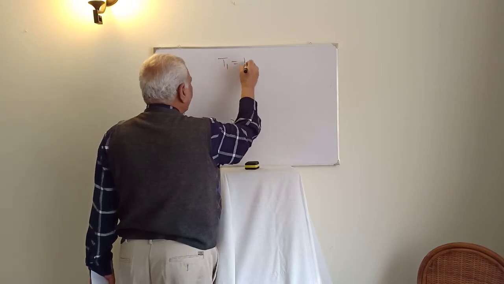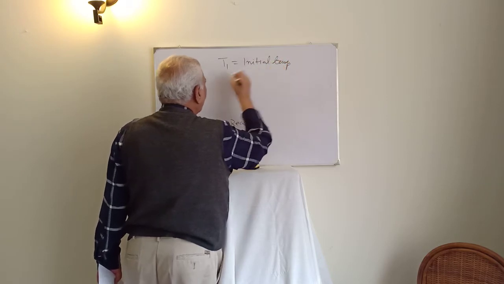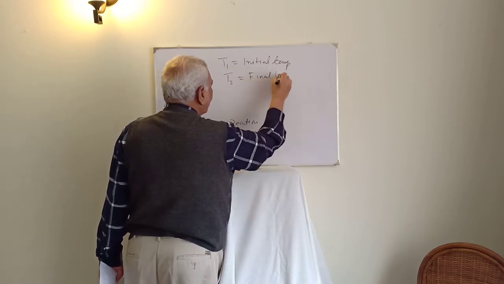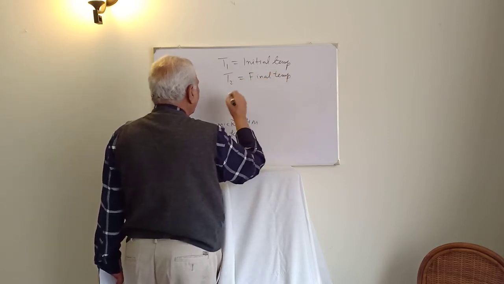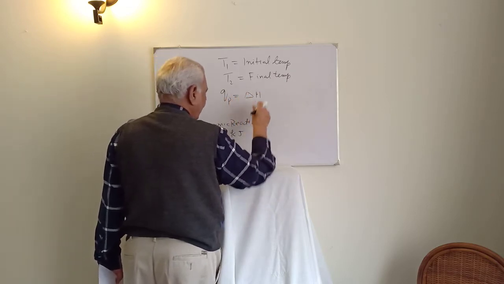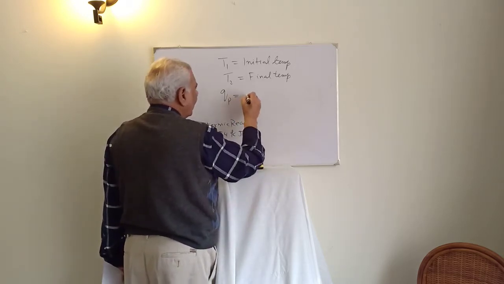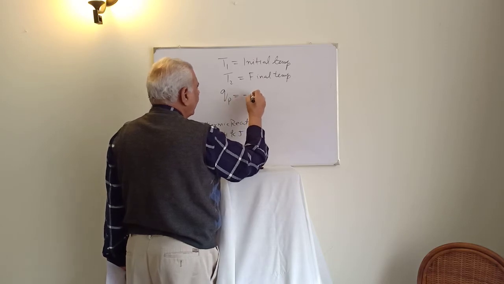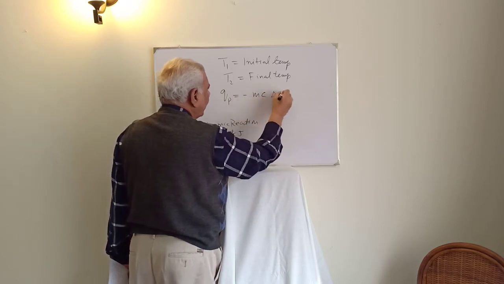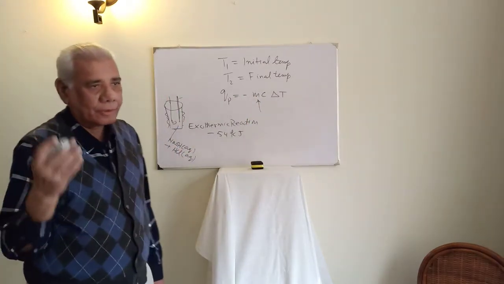So if T1 is the initial temperature and T2 is the final temperature, then QP, which is delta H, is minus m C delta T, where m is the amount of the solution which you have taken.